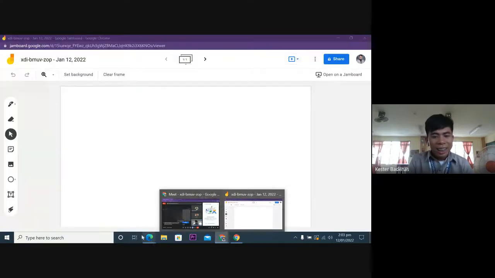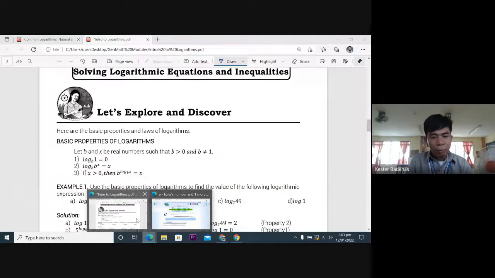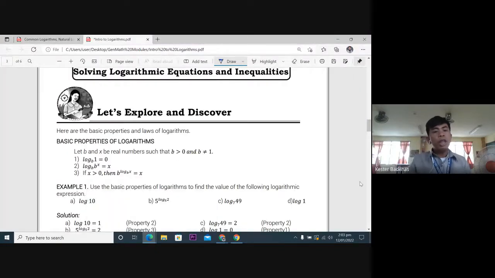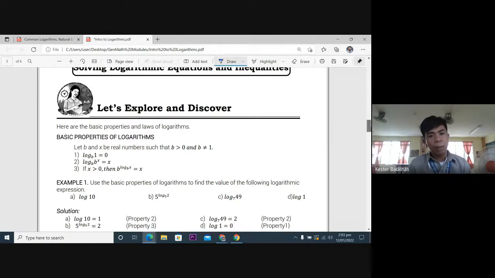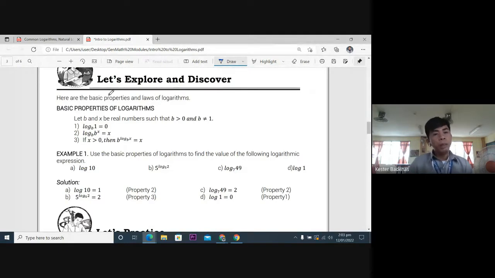Okay. So, ito. So we have here basic properties of logarithm, and these properties and laws are very useful because when we are about to solve logarithmic equations, na-apply natin. So basic properties of logarithms.